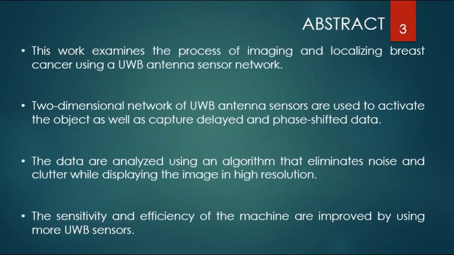As an abstract, we need to show that this work examines the process of imaging and localizing breast cancer using an ultra-wideband sensor network. We are using a two-dimensional network of ultra-wideband antenna sensors, which are used to activate the object as well as capture the delayed and phase-shifted data.